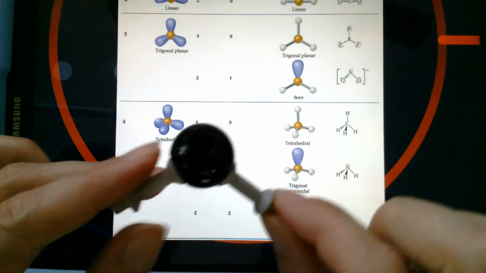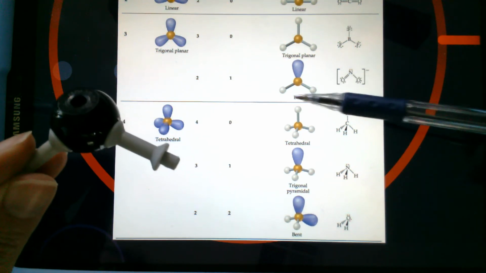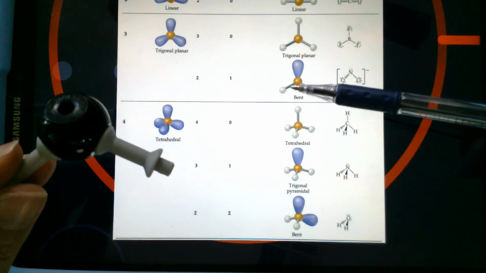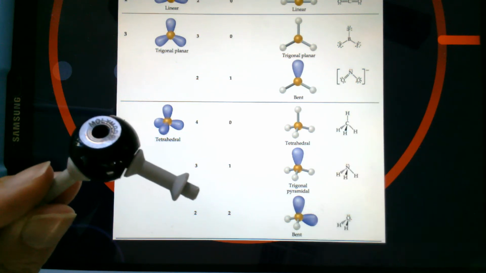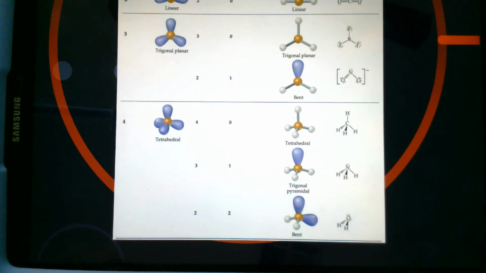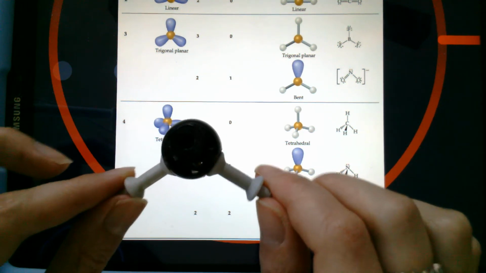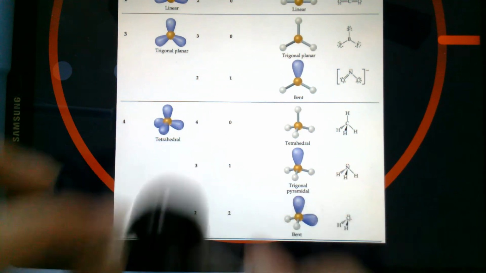We've seen this one before. This one isn't entirely different from this one here. The only difference is this angle is closer to 120 and this angle is closer to 109.5. But essentially it's still the same shape, which is why we call them both bent. So these are the shapes we get from the tetrahedral.